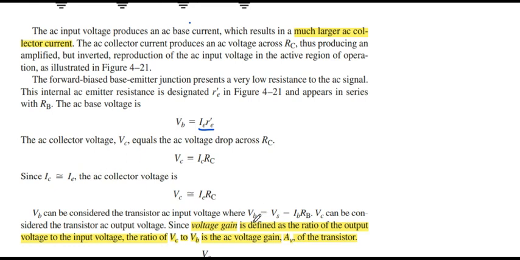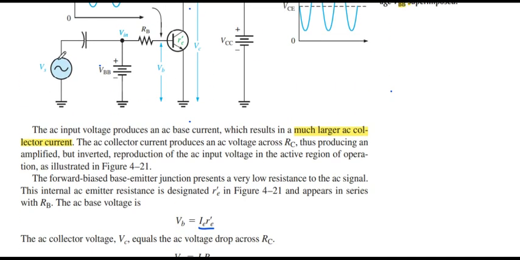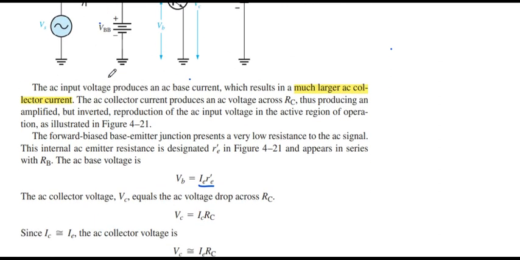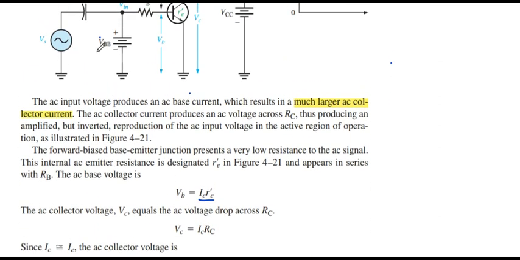Next, he mentions this. There is a mistake. VB is equal to VS minus IB RB. I tell you, this is our VS and this is our VBB, which is equal to IB RB.